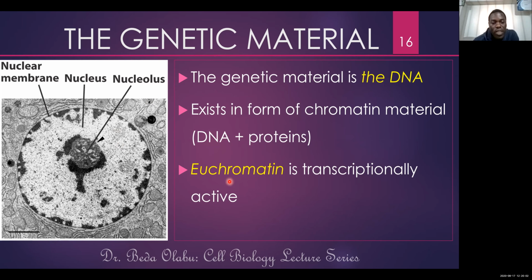So euchromatin is this type of chromatin material. It is the dispersed chromatin material, this one.